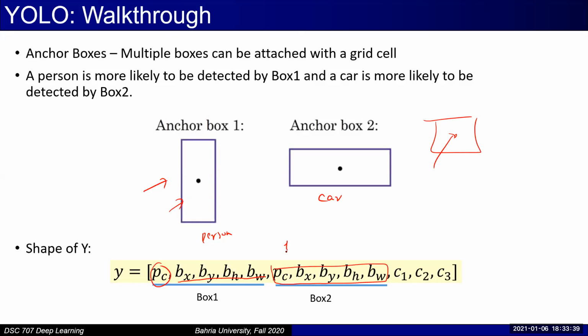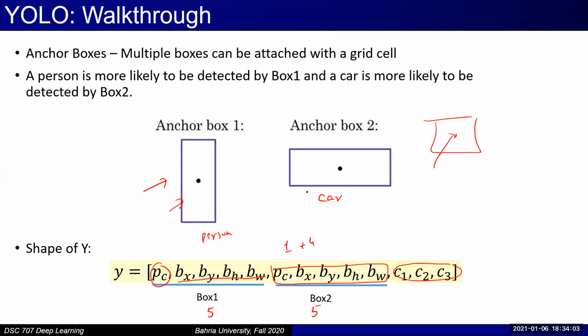Why 5 values? One is the probability that it contains an object or not, and the other 4 values are the coordinates. Then these are C1, C2, C3, for classes. Since we have 3 classes, this number will vary depending upon how many classes you are using. So for every box I have 5 values.